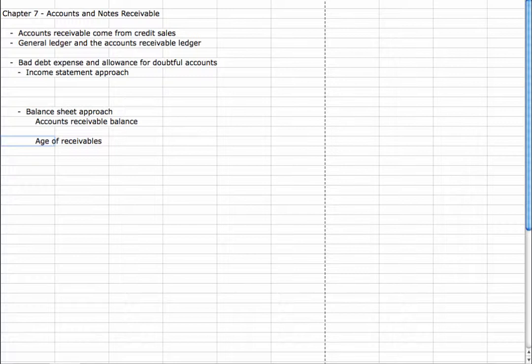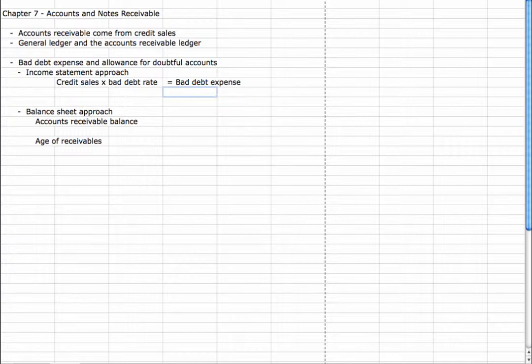The income statement approach is based upon coming up with a formula that basically says take your credit sales and multiply it times your bad debt rate, and that gives you your bad debt expense.